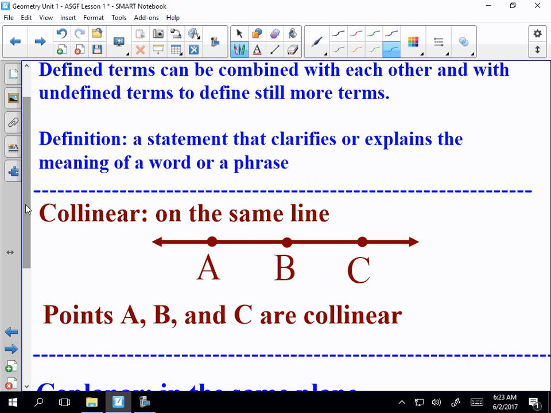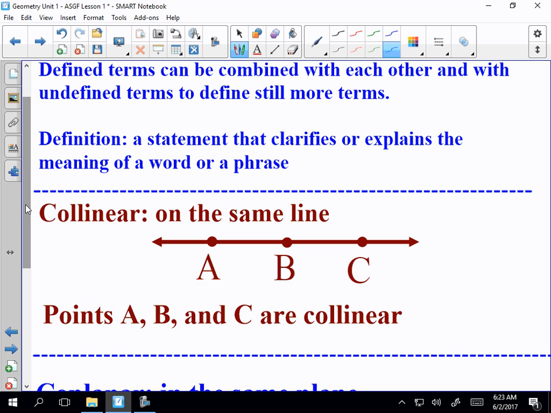Okay, now, when we look at defined terms, we have some terms that can be combined with each other. We're using undefined terms that we have: points, lines, planes. We're using those terms to make some definitions for our next terms coming up.